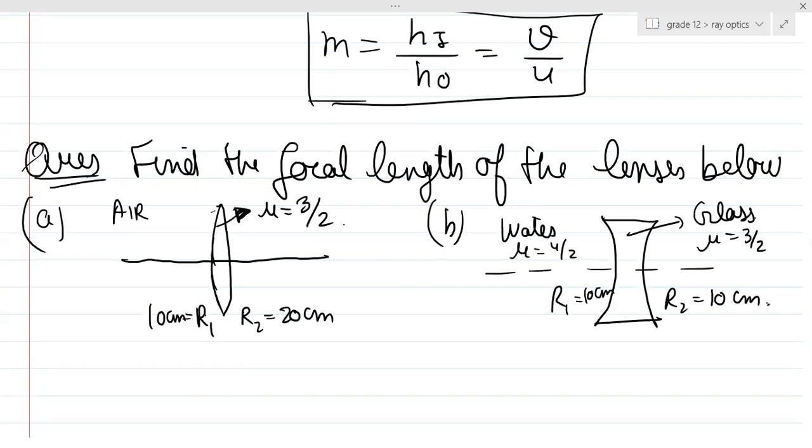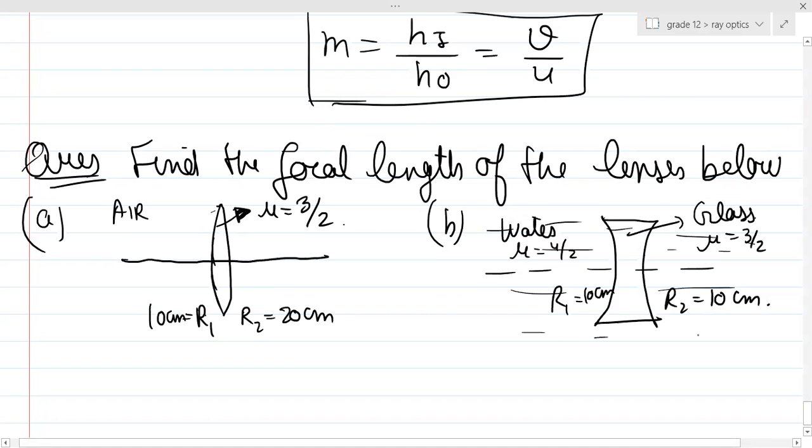Yes, please find out. It is a direct application of the lens maker's formula. Okay, so this lens is placed in air. It has refractive index 3 by 2. This surface is 10 centimeter.